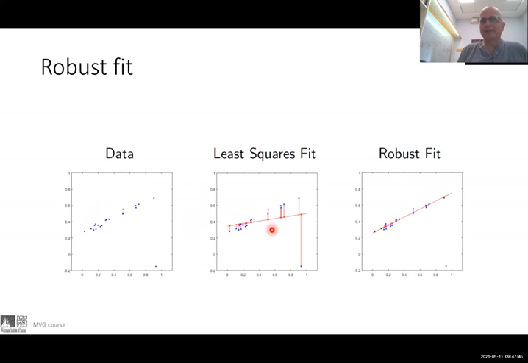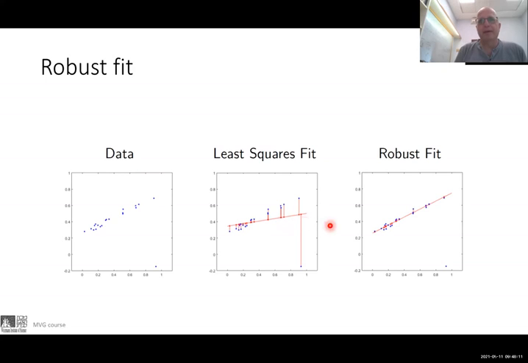If we try to do a least square fit, this is what we will get. This point will have relatively very high weight because we will try to minimize this big distance. And so the line will minimize the least squares, but would not be what we want.